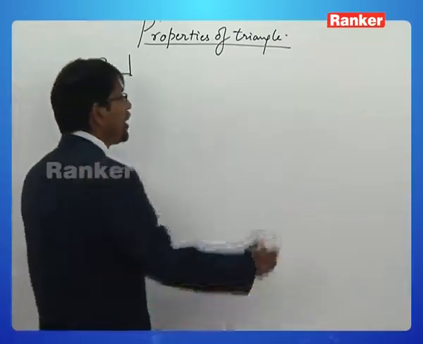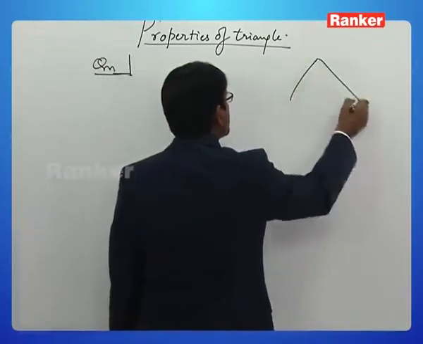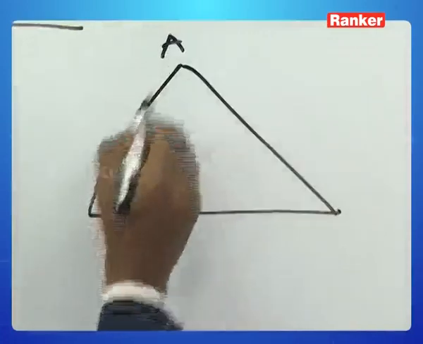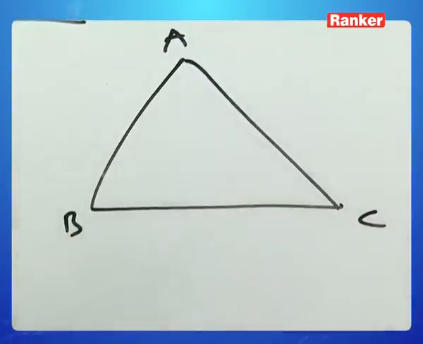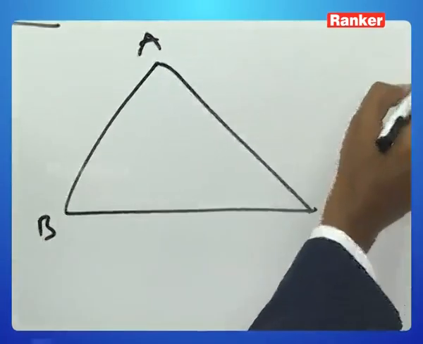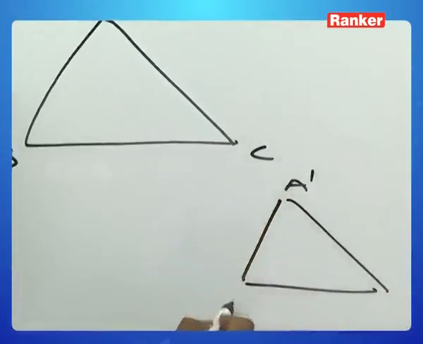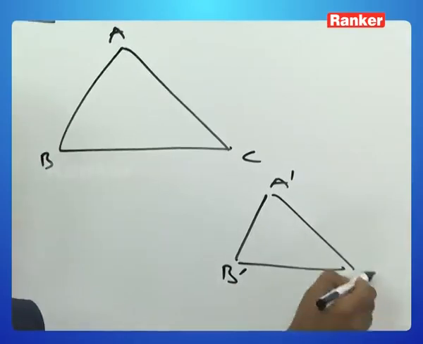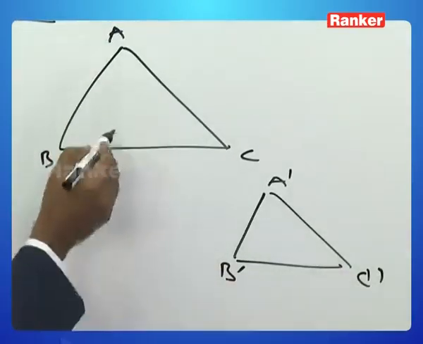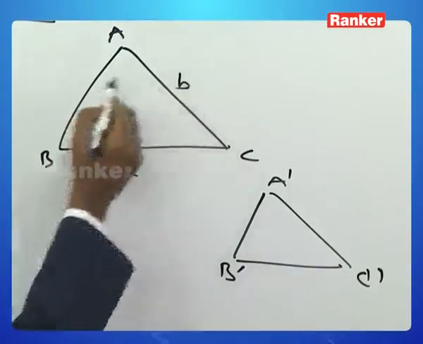Now we have two triangles ABC and another triangle A dash, B dash, C dash. The sides opposite to ABC, we'll write them as small a, small b, small c.